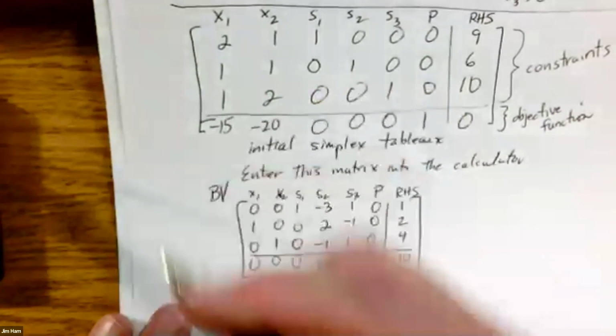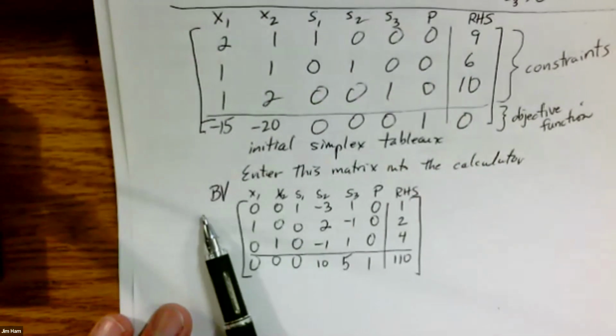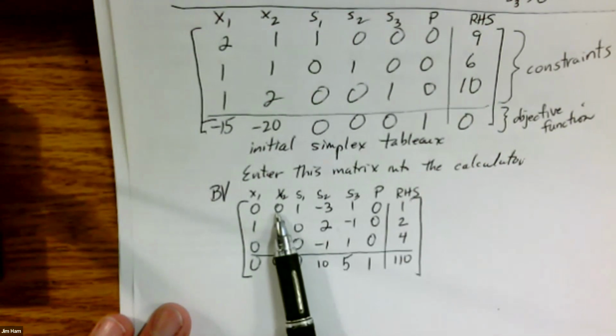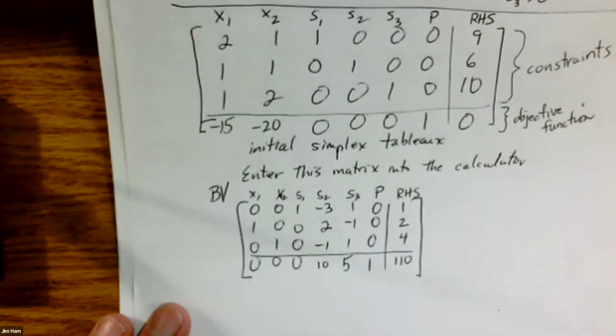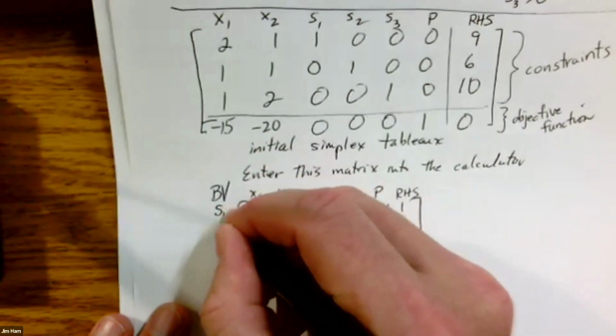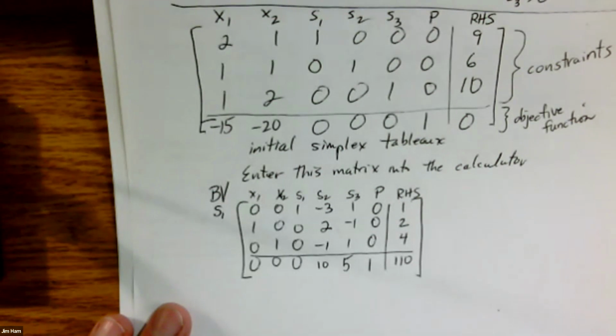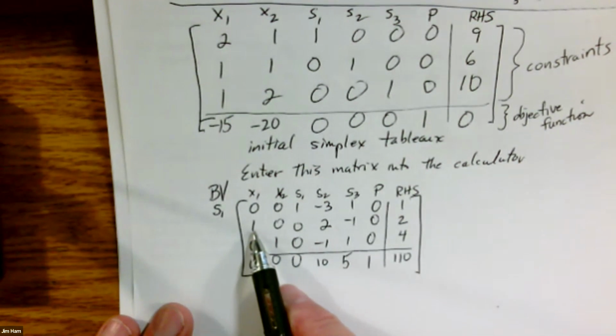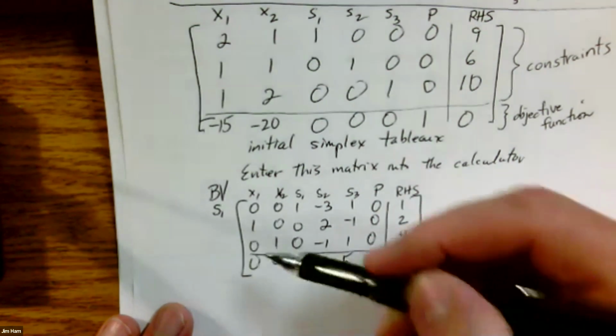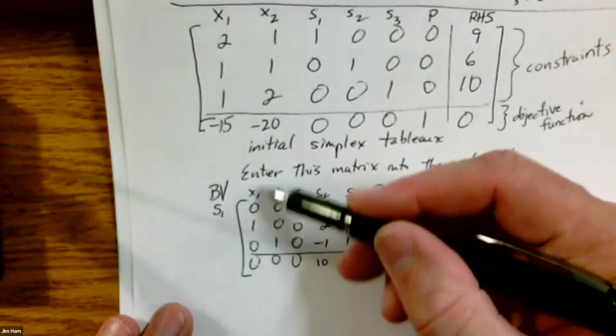The basic variables are: go over till you find a 1 with zeros everywhere else and label that row S1. Second row, find the 1, with zeros everywhere else.